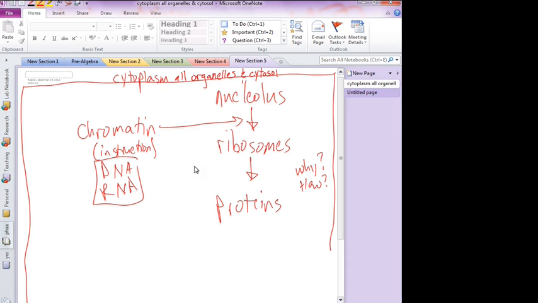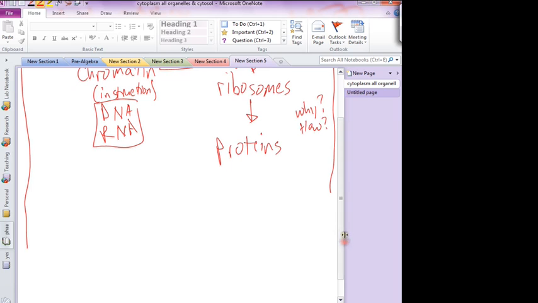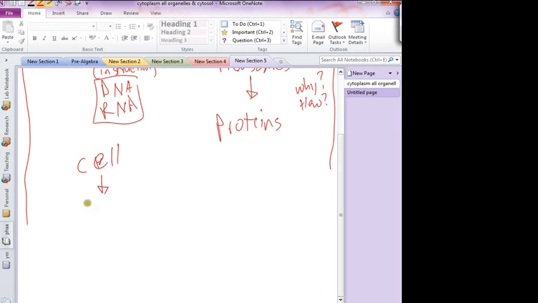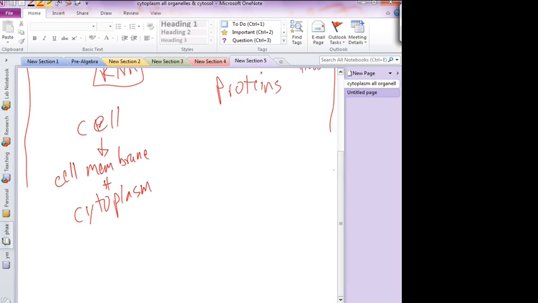So let me draw that out here for you. A cell contains two pieces. The membrane, the cell membrane, plus cytoplasm. Now, that's a cell.